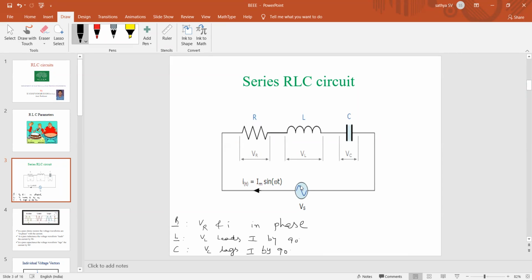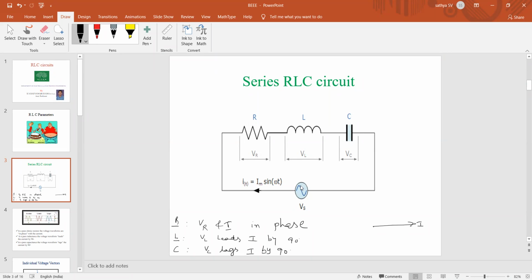Here, why am I considering I as a reference? Since the RLC circuit is in series, the three components R, L and C are connected in series combination, and in series we know that the current remains the same through each component.